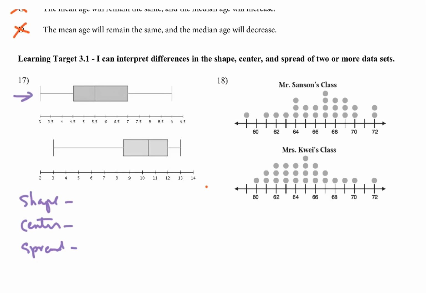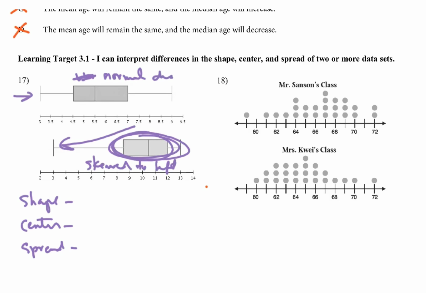If we look at this one on the bottom, the majority of the data is right here, so it's going to be skewed to the left, okay? So this one is skewed to the left, whereas this one, it's more symmetric, so we call that a normal distribution, right? So that's the shape. And if it was modes, we could talk about modes.